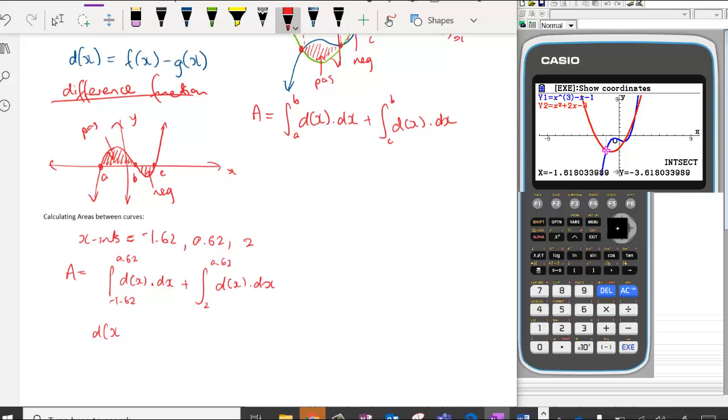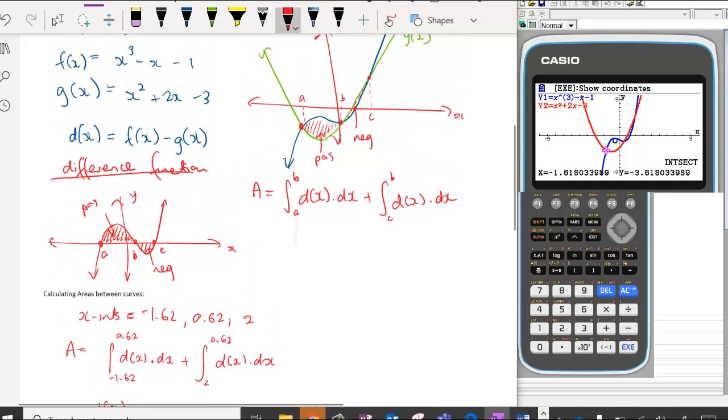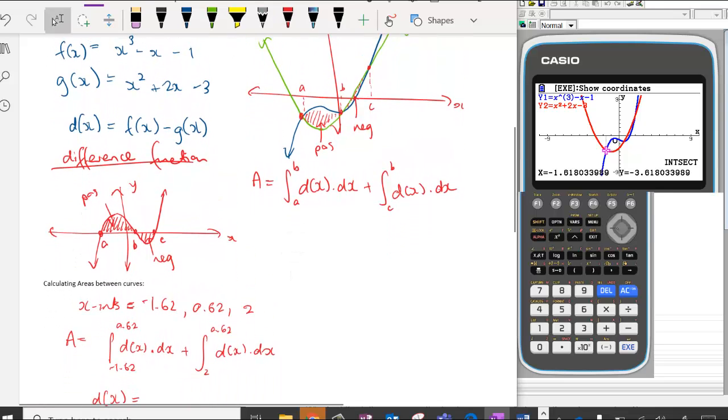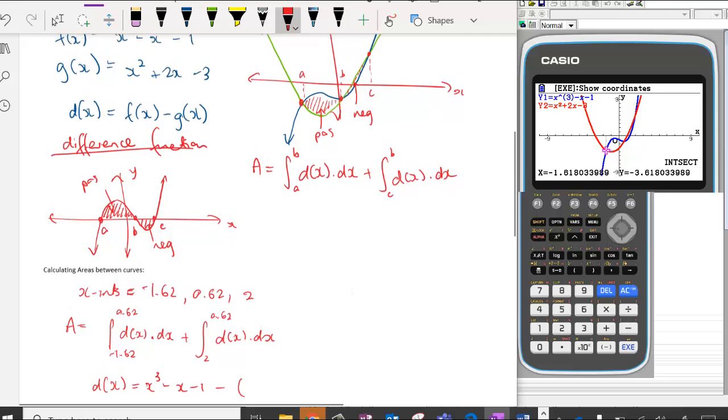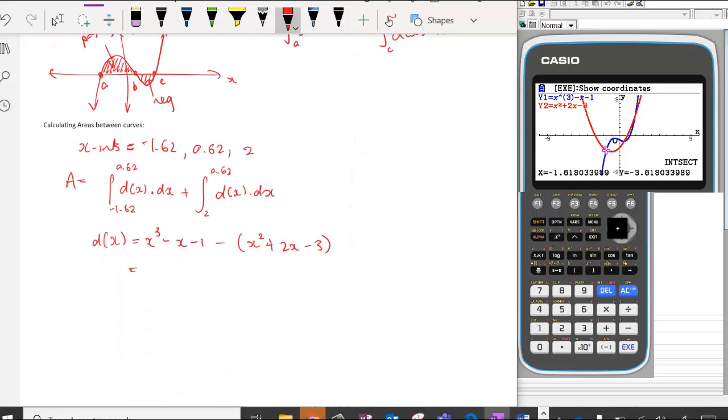A difference function, as we said, will be f of x take g of x, which is x cubed take x take 1, subtract x squared plus 2x take 3. And so we'd end up with a difference function of x cubed take x squared take 3x plus 2. So we'd be finding the integral between these limits of that difference function.